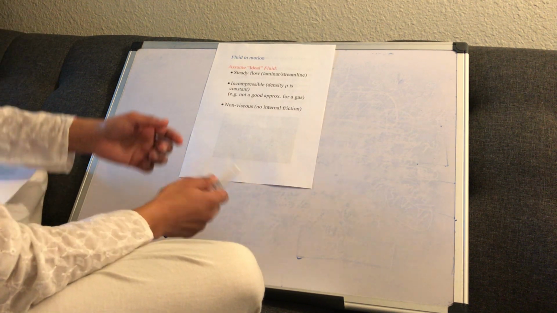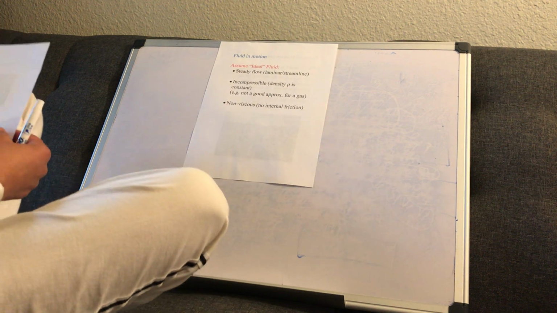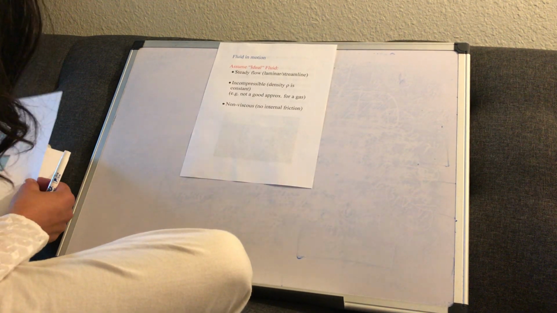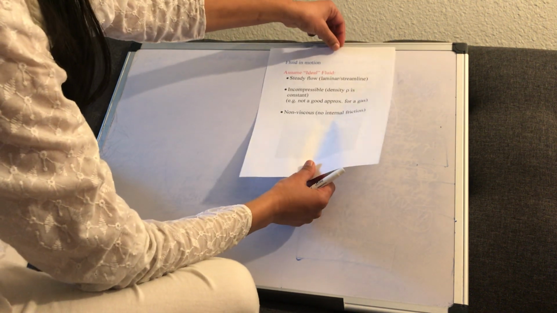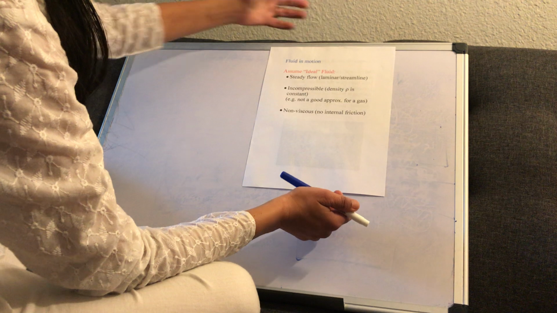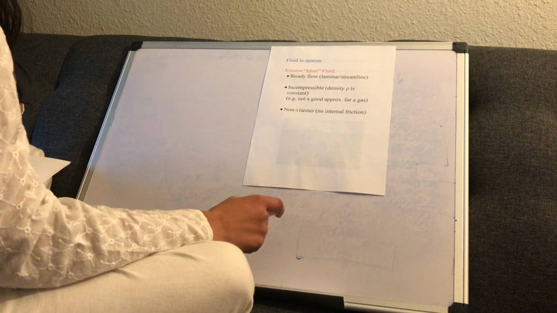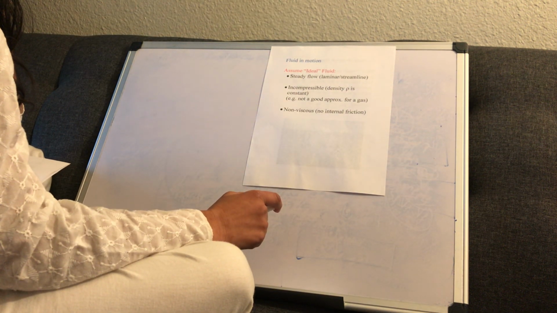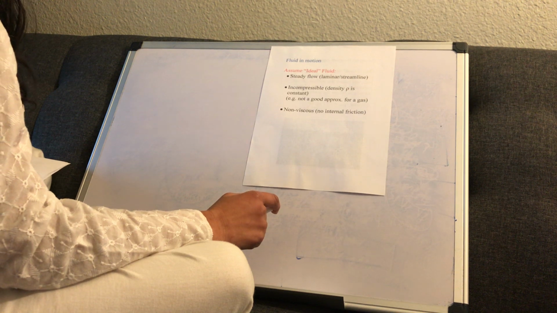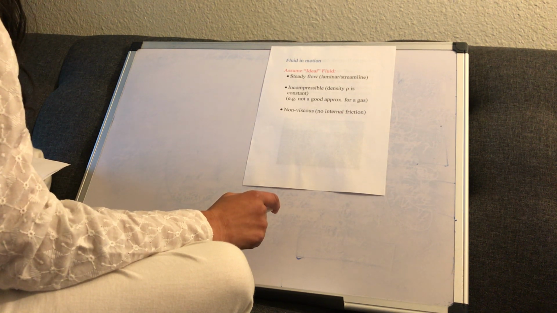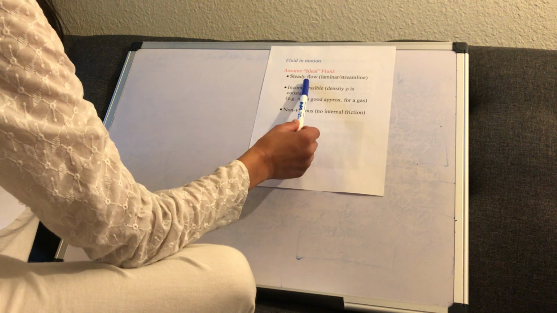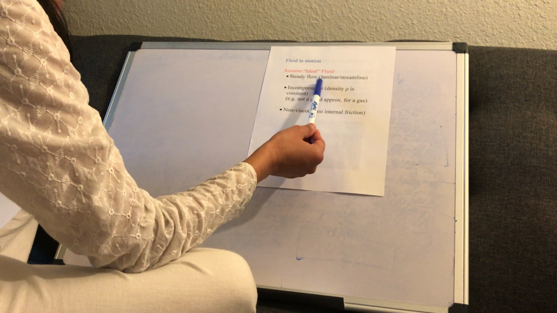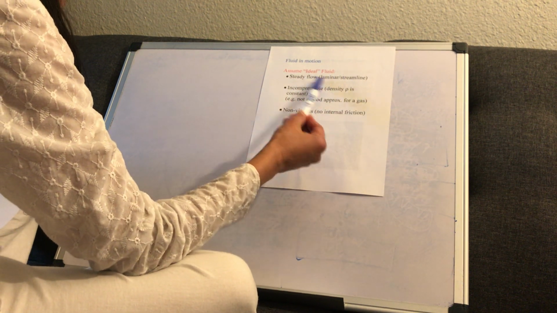Okay, so let's make some assumptions here. Assuming the fluid is ideal, so what kind of fluid is ideal? An ideal fluid has some of these characteristics. It has steady flow. There is something called laminar and streamline, we'll talk about that in a minute.